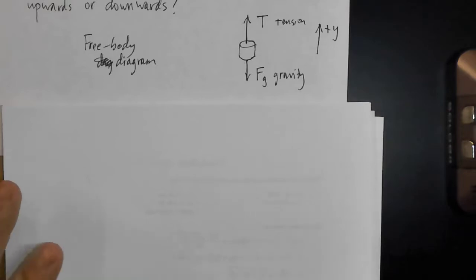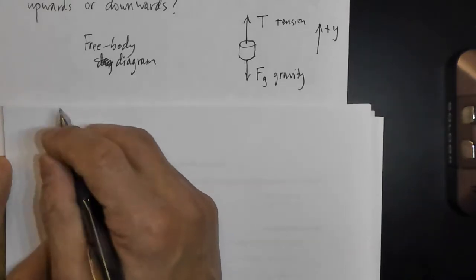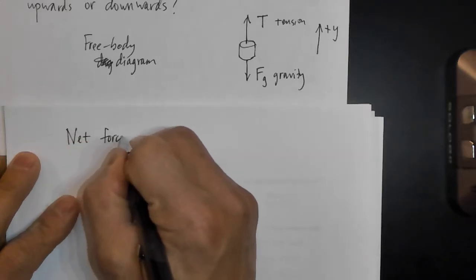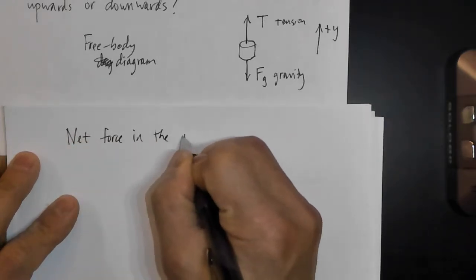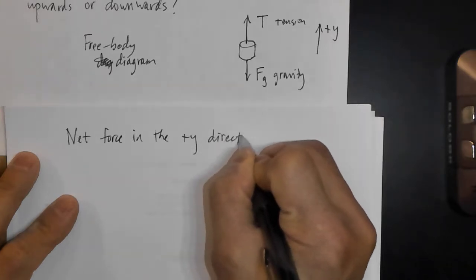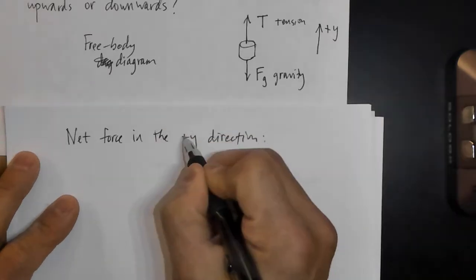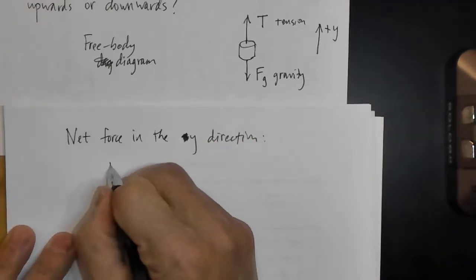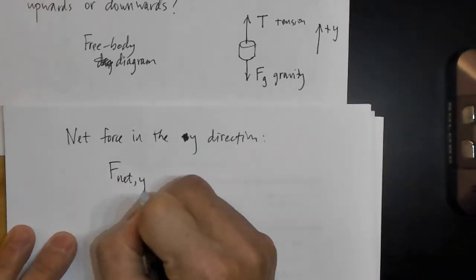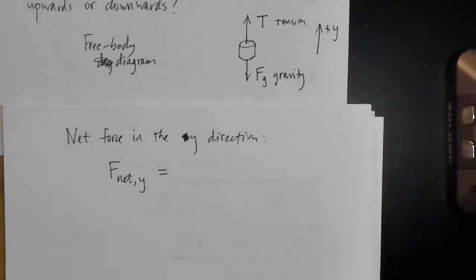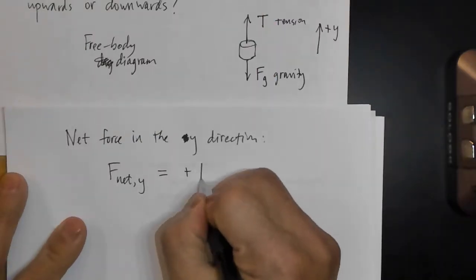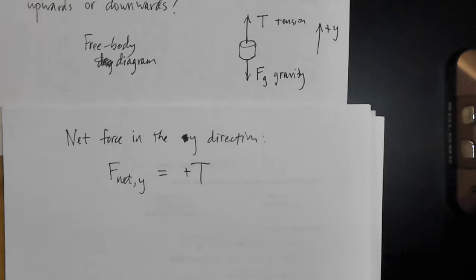So if I do it that way, then when I write down an equation for the net force in the y direction, T is pointing in the positive y direction, so I'm going to write down positive T. Everybody is good with that?